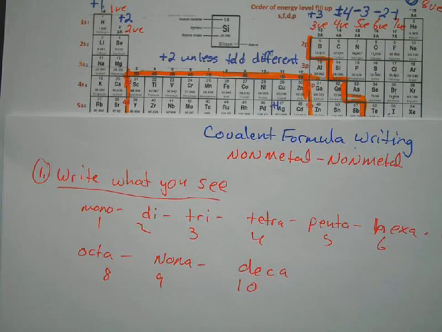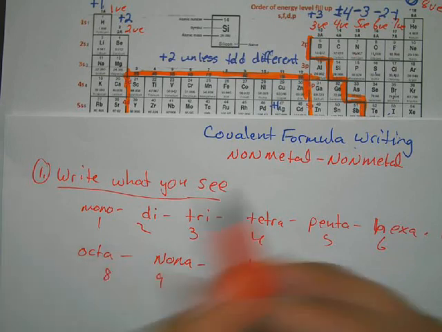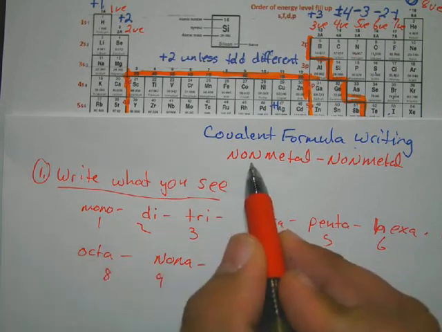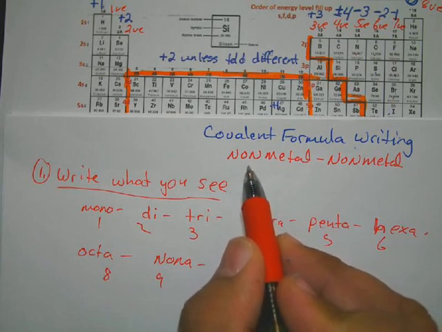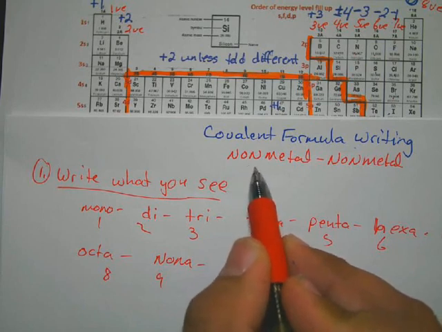The rules are similar to ionic. So the easiest way to get covalent, first of all, how do you know it's a covalent compound? What does it start with? It starts with a nonmetal, right? So make sure you always check the first element. Do I have a metal? Then it's ionic, so I use the ionic rules. If it starts with a nonmetal, that means it's covalent, and I just write what I see.